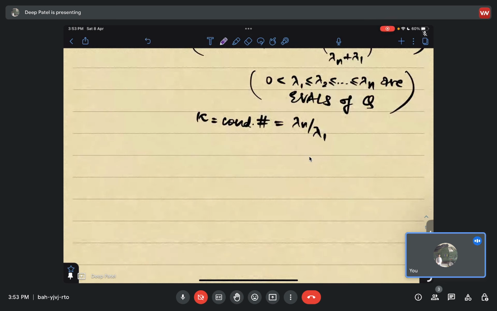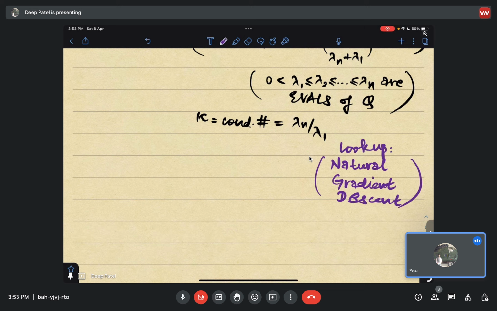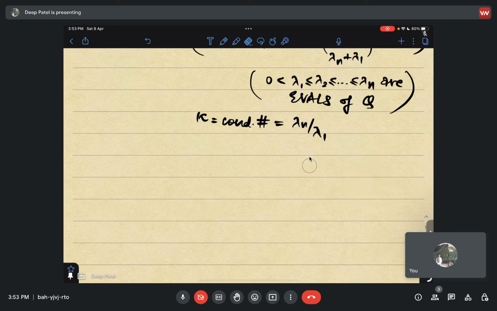Just an aside, there is something called natural gradient descent, but I don't know how much it is used at scale. You can look it up, but that will be a digression from the discussion here.